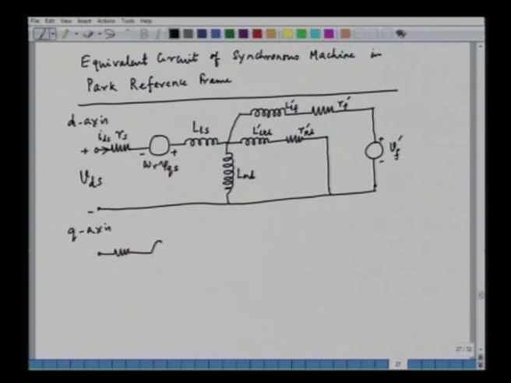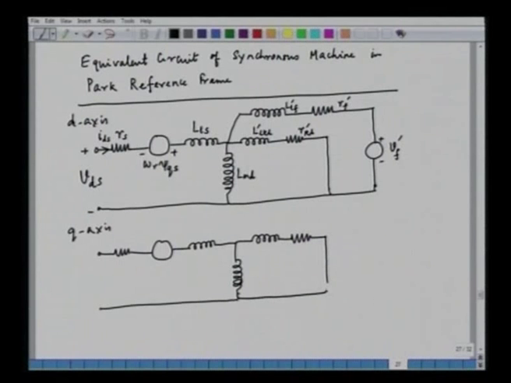Resistance, the back EMF in the q axis, the leakage inductance, the magnetizing inductance in the q axis, and then we will have the rotor, and the rotor is the damper winding only. So, this is our q axis equivalent circuit.